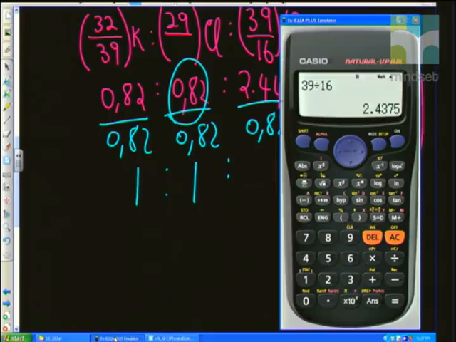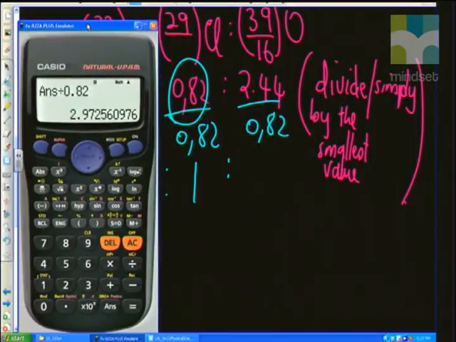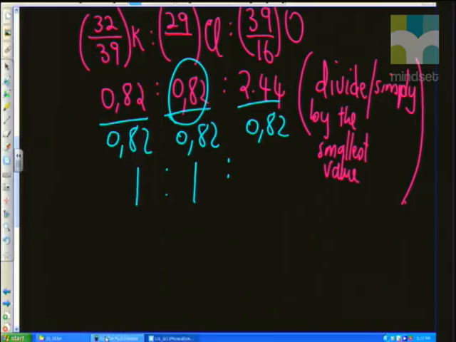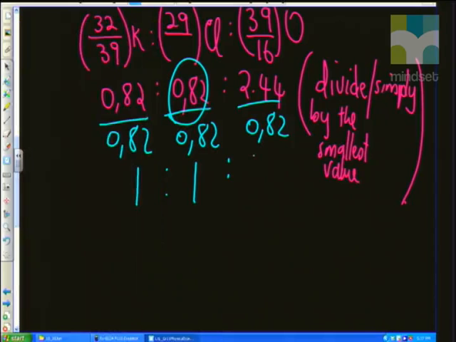Let's just work out 2.44 divided by 0.82. What do we get? 2.93. Now remember, with empirical formulas, we need to simplify the values in such a way that we don't have decimals at all. So 2.9 is basically 3. So we'll write that as 3 here.